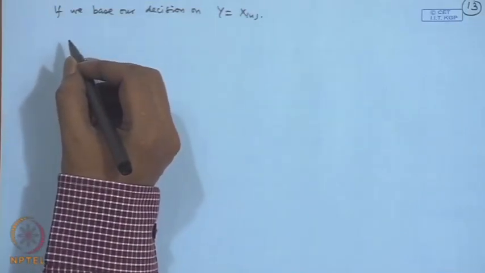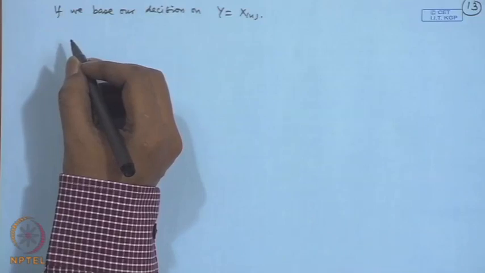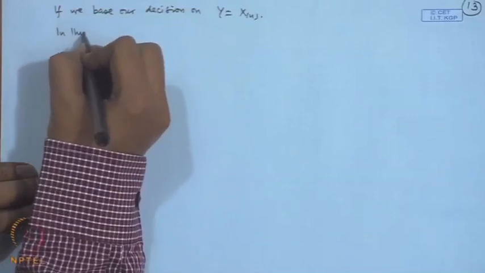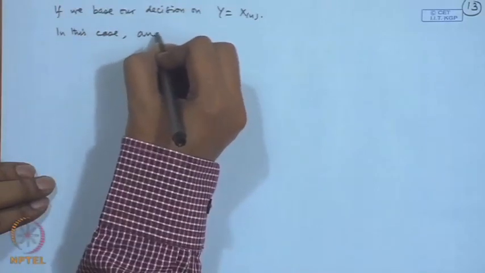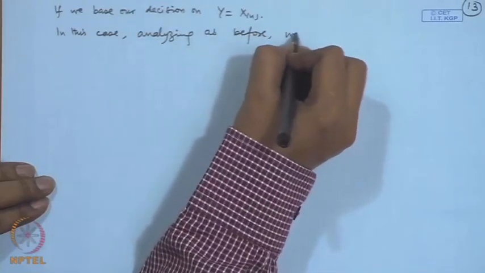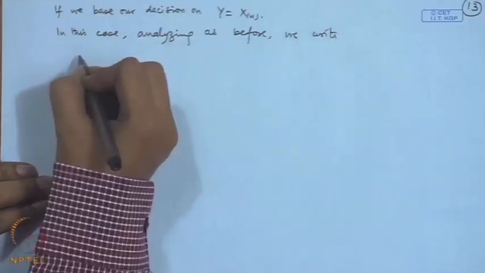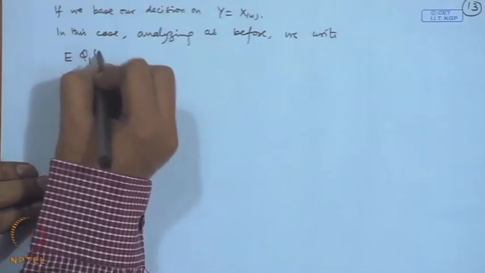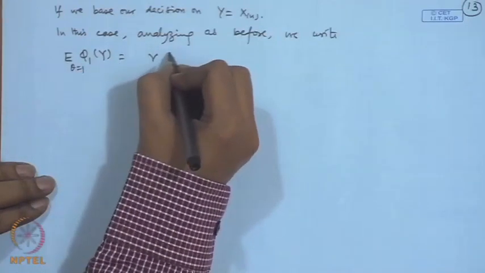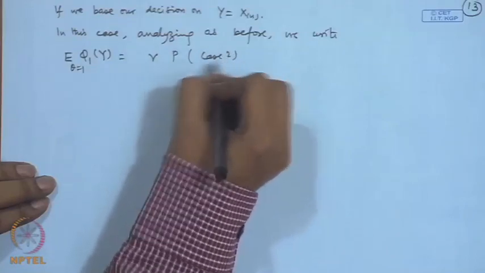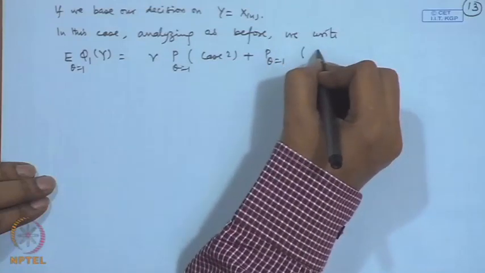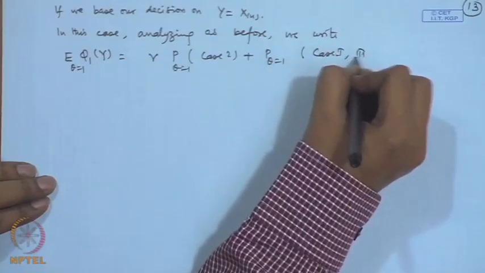So, in this case, what is happening? Let me write here, in this case, analyzing as before, we write the expectation of phi_1(Y) for theta equal to 1 as gamma times the probability of case 2 under theta equal to 1, plus the probability of theta equal to 1 under case 1, 3 or 4.